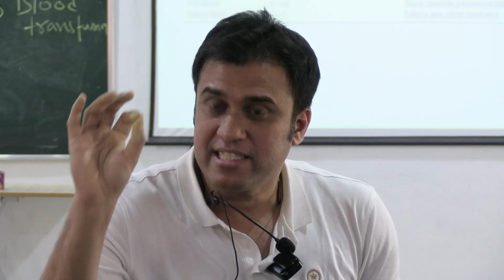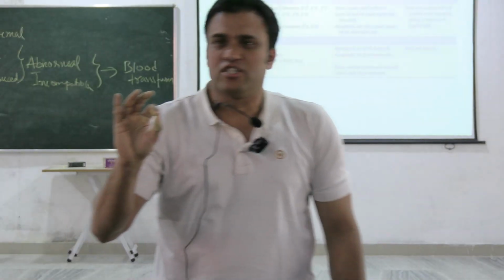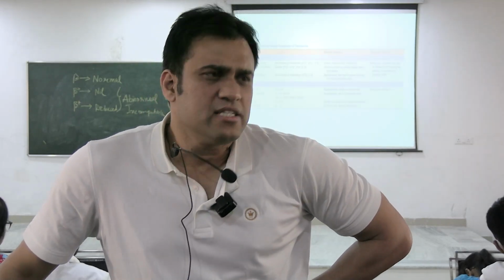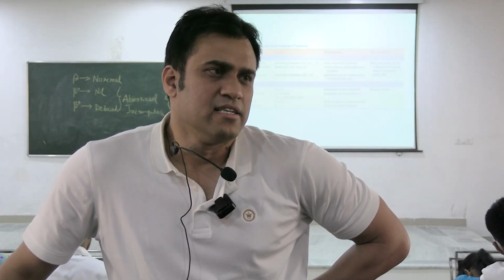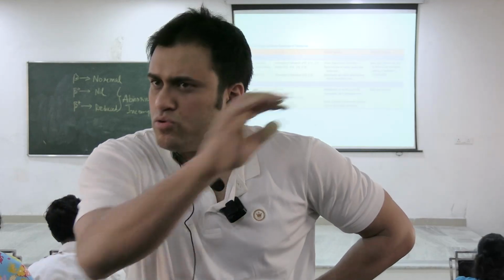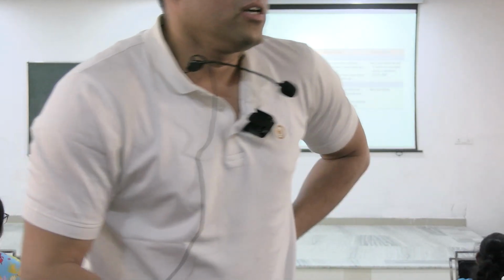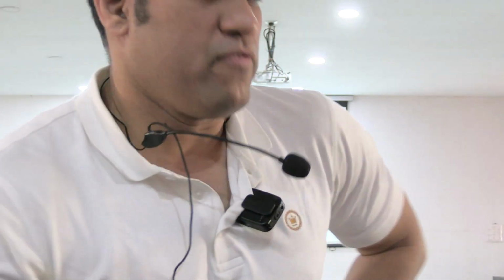Please remember this classification. This is important. If you know beta-0 means total absence of beta globin chain, beta-plus means reduced but detectable beta globin synthesis, and beta means normal, it won't be difficult for you to put in words if this question comes, the molecular genetics of beta-thalassemia.